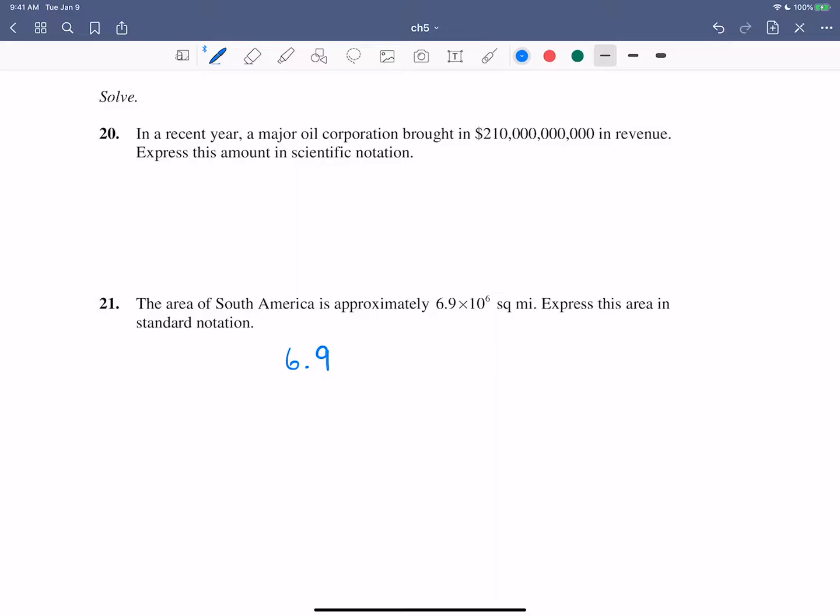Since the power of 10 in this case has a positive exponent, we're going to move the decimal to the right 6 times. 1, 2, 3, 4, 5, 6. And then fill in the empty space with a 0. Therefore, our answer in standard notation is 69 followed by 5 zeros.